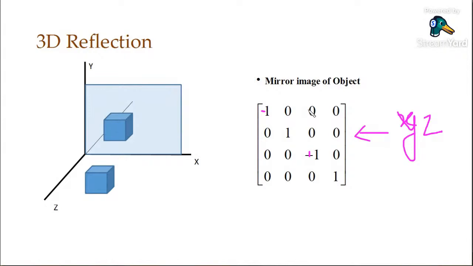In 2D also it is a mirror image, but in 3D it reflects about a plane, and in case of 2D reflection it reflects about a line. It may be about the x-axis, y-axis or any arbitrary axis. Here also there is reflection about an arbitrary plane, but for that we have to use those concepts, and we can find the resultant matrix.